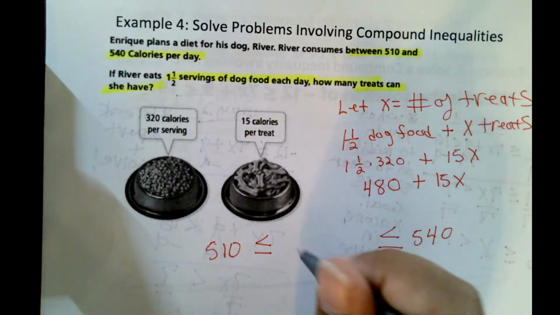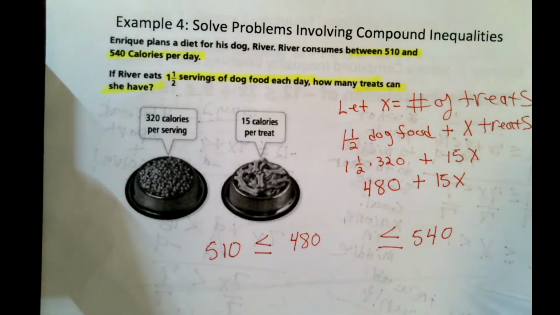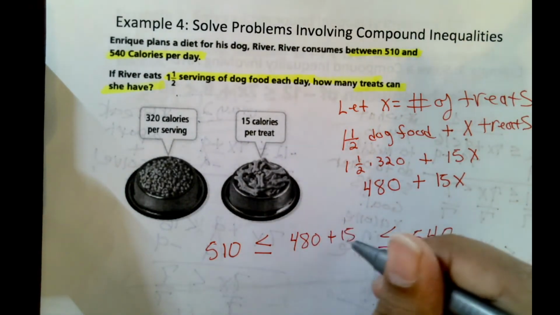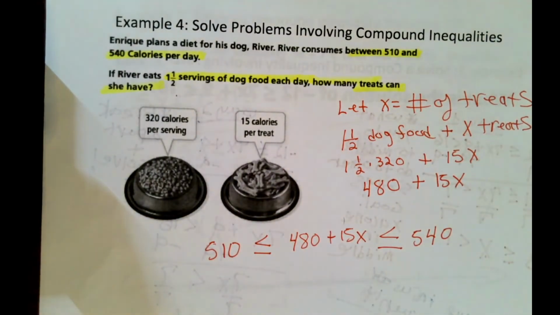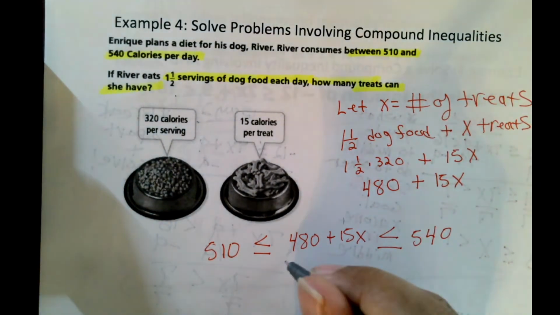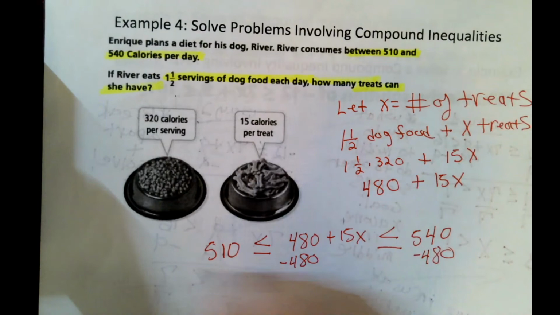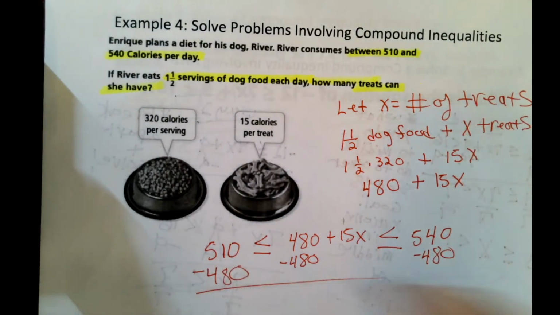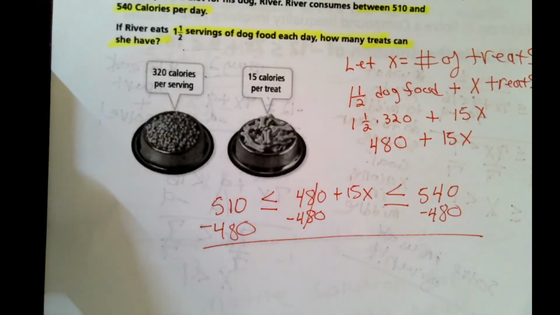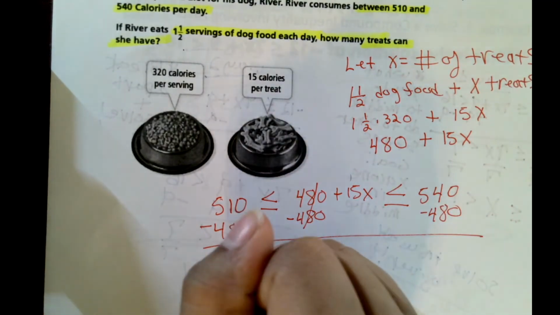The only thing left to do now is solve. Remember, how do we solve things? In the middle, we're trying to get x alone. So minus 480 on every side. Okay. So we end up with 30. Bring down that 15x. We haven't used him yet. Bring down your 60. Okay, x needs to be alone.